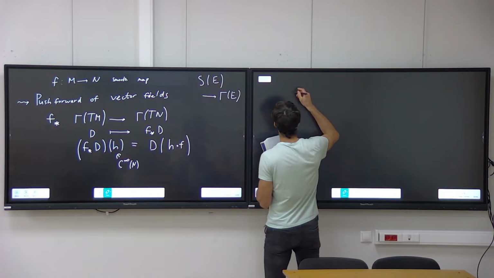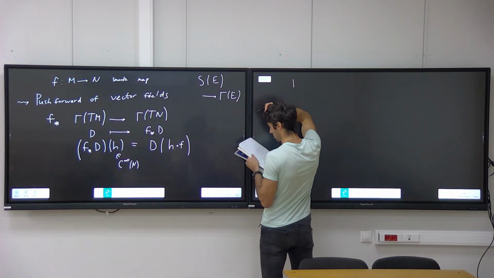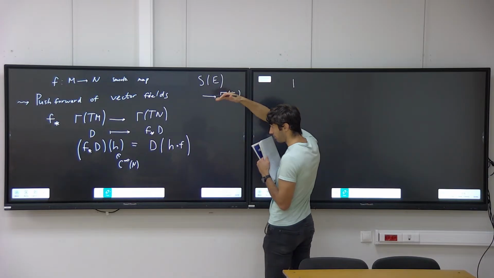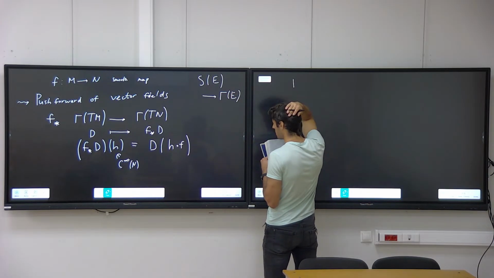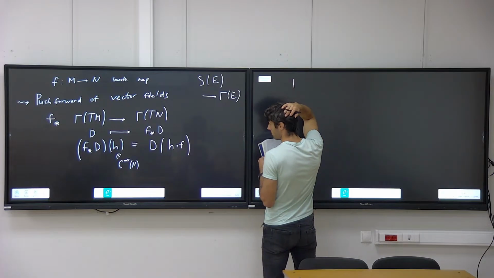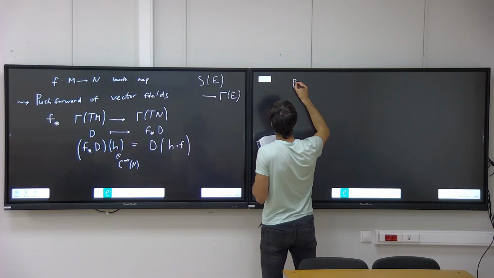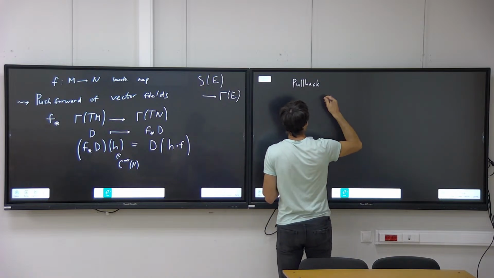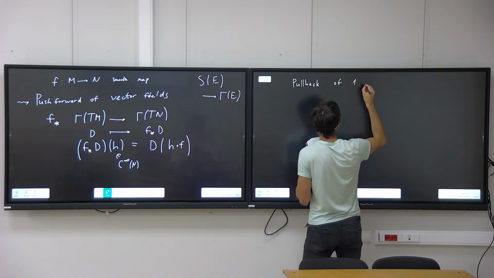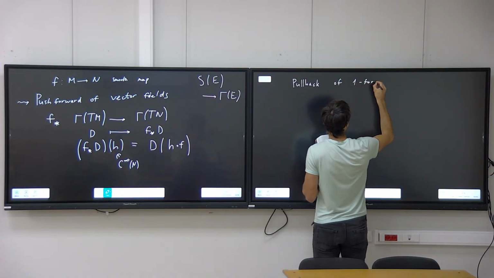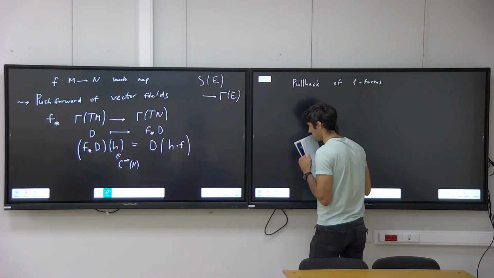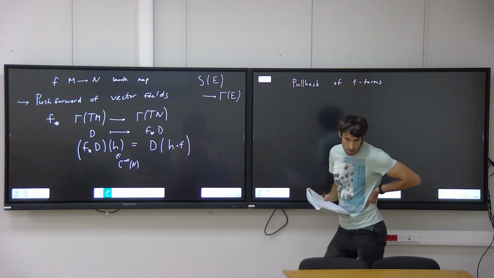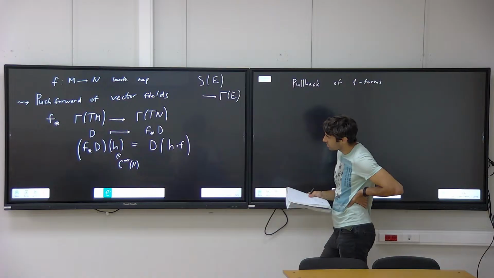The next thing I want to do: if I have F, what can I do with forms? With forms, I can pull them back. First, let's talk about one-forms, the pull back of one-forms.